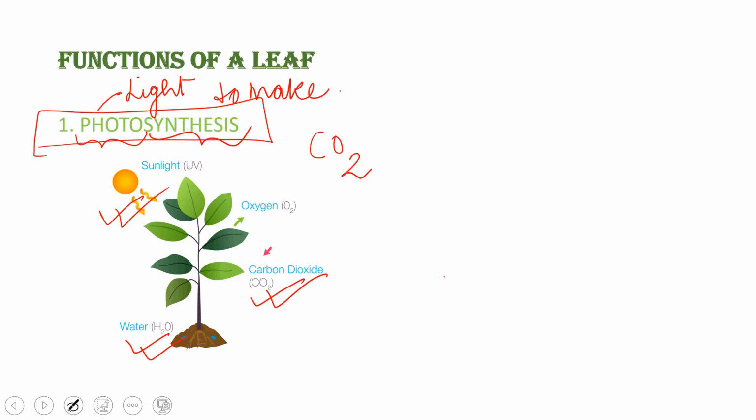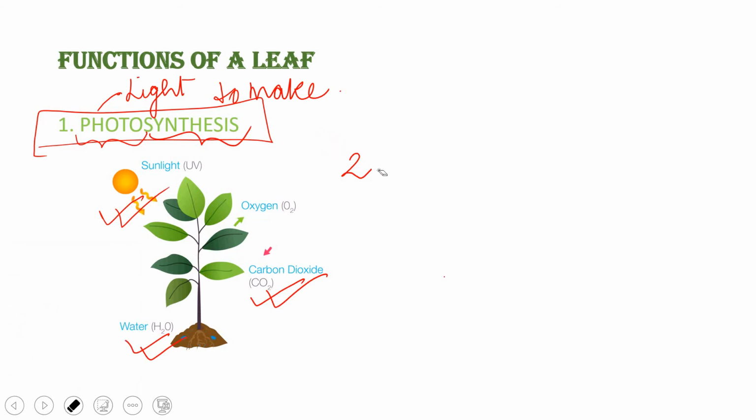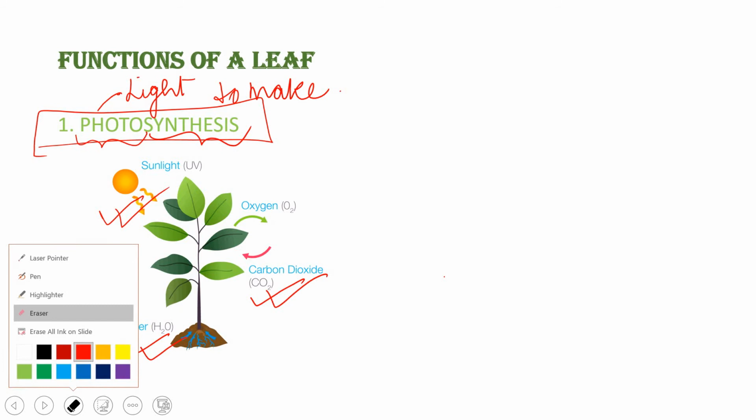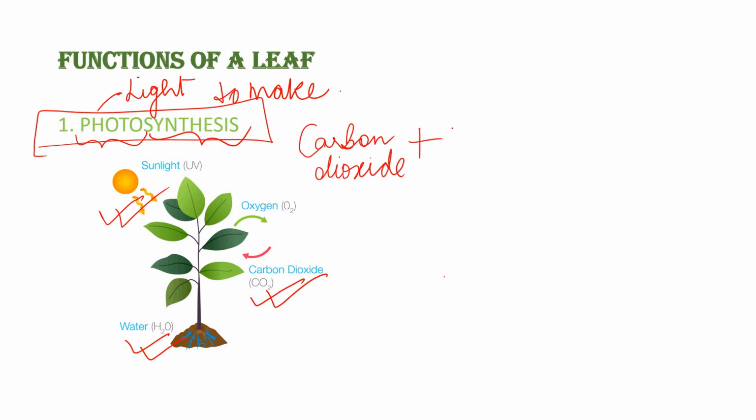I shall not write it in this way as you all are not familiar with the formula. So I shall write in letters. We take carbon dioxide. Fine. Then the plant takes in water.